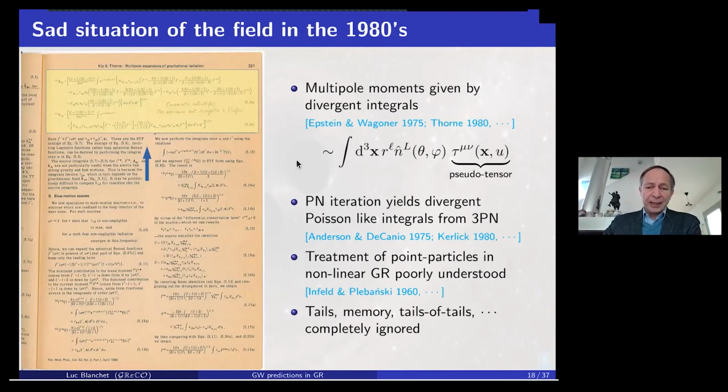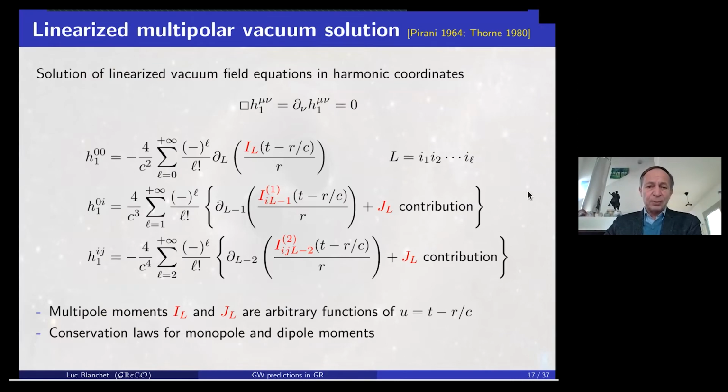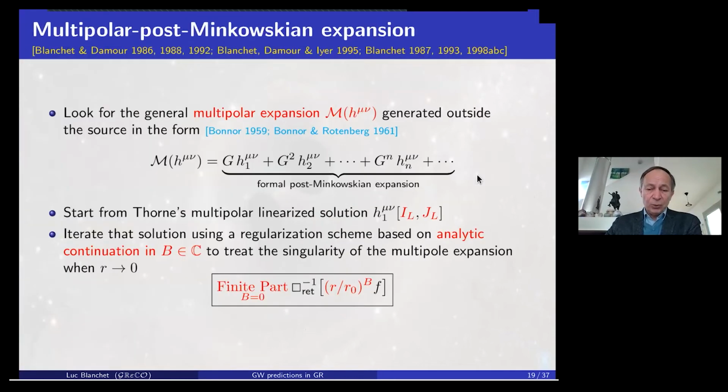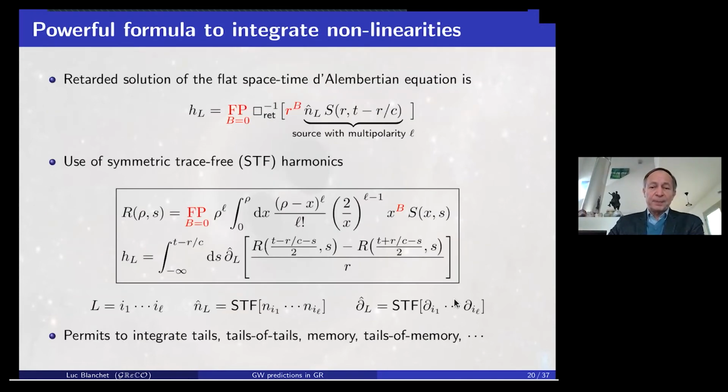Multipolar expansions are divergent when R tends to 0 inside the source, where the multipolar expansion is not valid. And so you regularize your retarded integrals in order to give them a meaning for multipolar expansions. And there are powerful formulas to compute explicitly these retarded integrals for any source with multipolarity L, which is typically divergent when R tends to 0, but this is treated with this regulator in front.